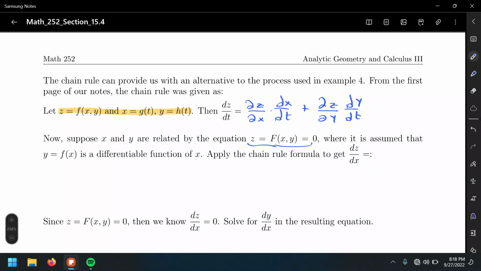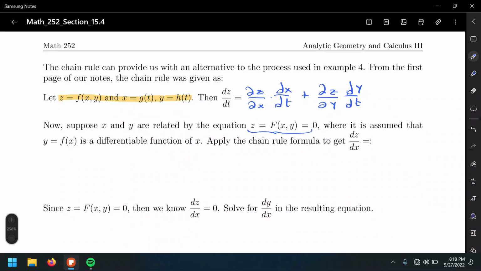So in this setting, z equals f of x, y, in this case z minus f of x, y equals 0, and this will be our big F of x, y.